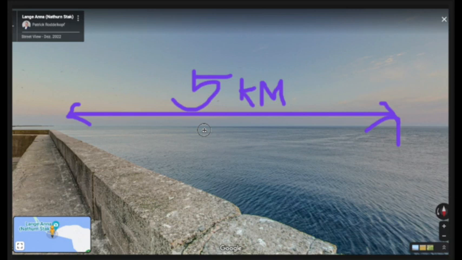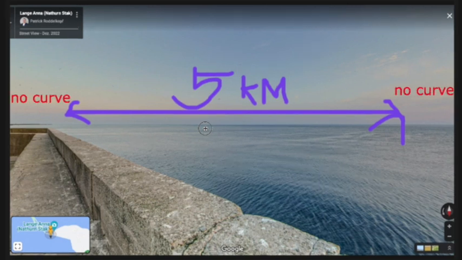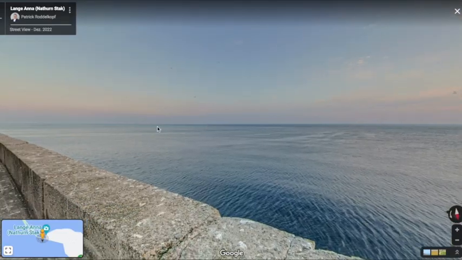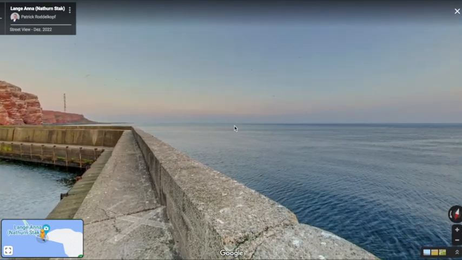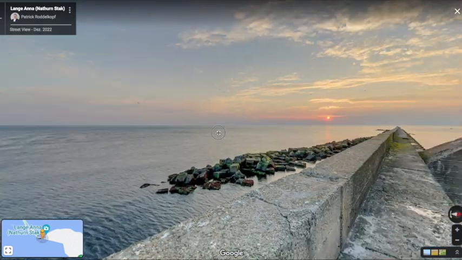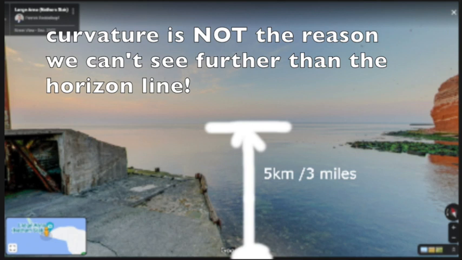There should actually be a curvature, because you can't look any further, but from the point that we are at now, we can overlook that it's completely flat. There is no curvature, okay? So this cannot be the reason why we can't see any further than 5 kilometers. The curvature cannot be a reason for this.